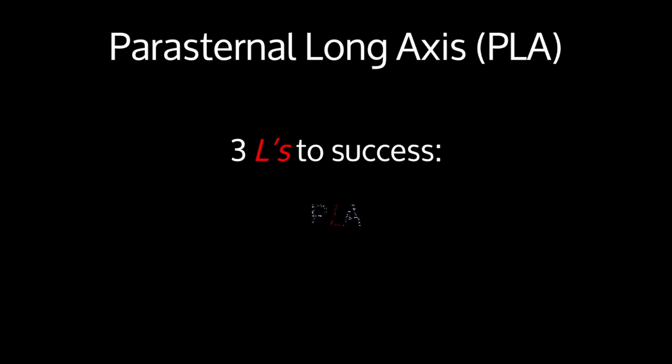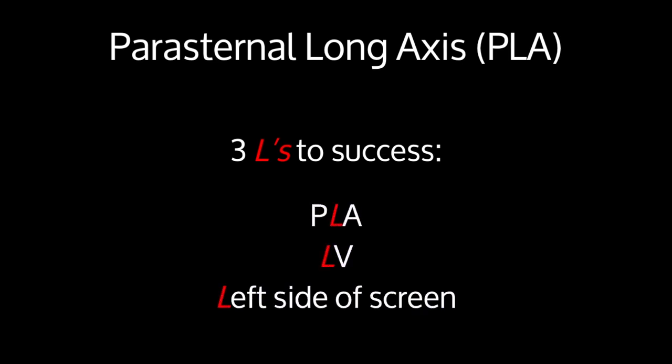The parasternal long axis view should have the LV on the left side of the screen. We talked about ejection fraction and how that can be a predictor of the patient's cardiac status, whether it's a strong functioning heart or whether it's a poor functioning heart. You can do that qualitatively by just looking at it, which takes little to no time, or you can quantitatively do it by using EPSS.